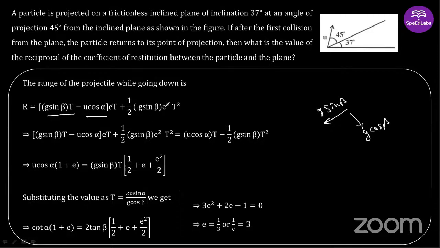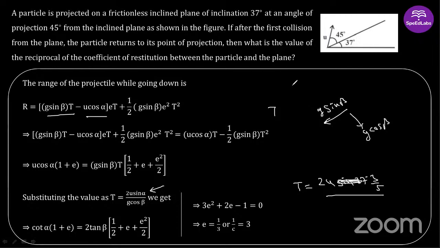I'm just trying to find time of flight, capital T. Capital T is basically this. We were getting T is equal to 2u sine alpha, sine 37. Sine 37 is 3 by 5, and divide by g cos beta. So, one second. Which one is g sine beta?